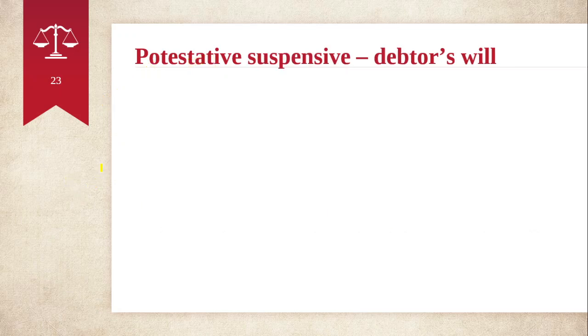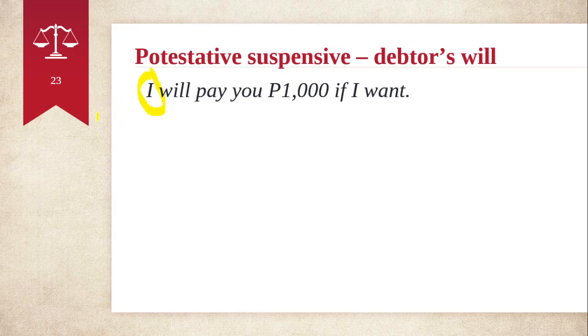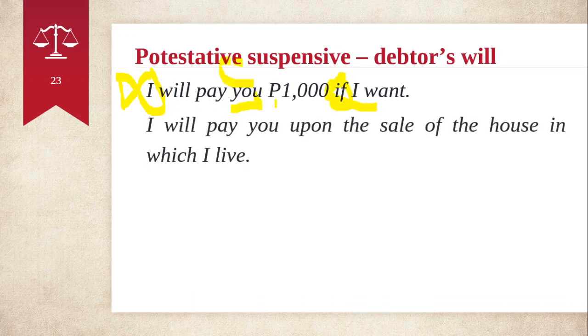Let's talk about potestative suspensive debtor's will. Dito naman, si debtor ang magbuot. Okay? Sa iya nakasalalay ang fulfillment of the condition. Example, I will pay you 1,000 if I want. Ako dito is the debtor. Ako yung may utang. Ikaw naman dito ang creditor. And if I want.